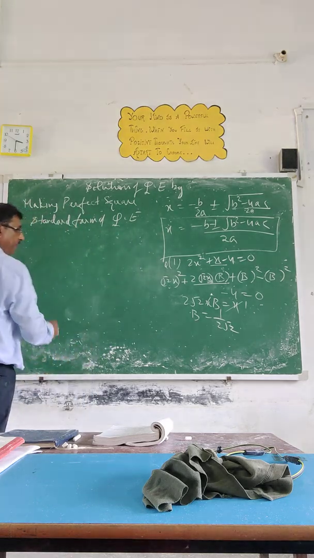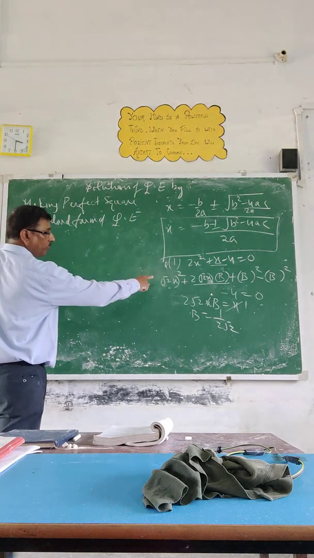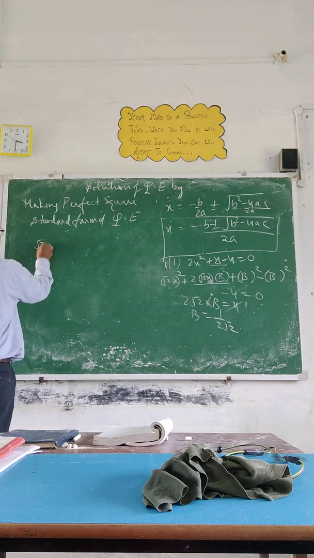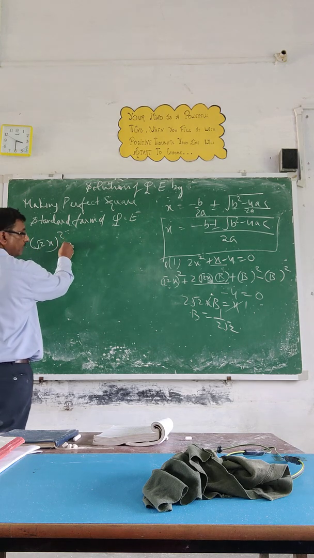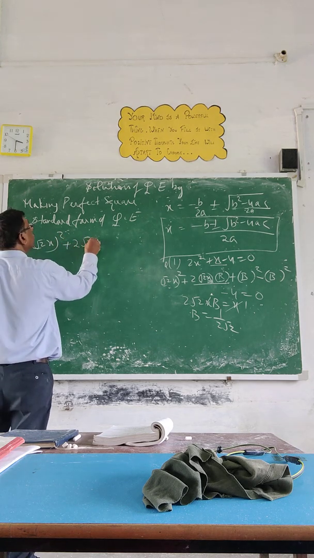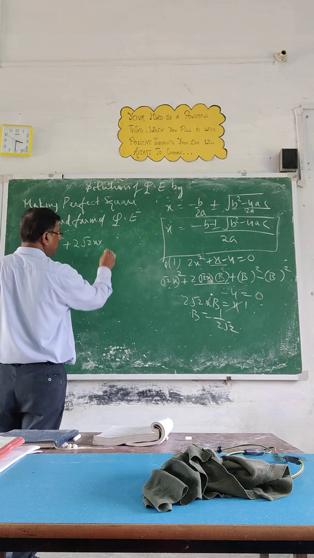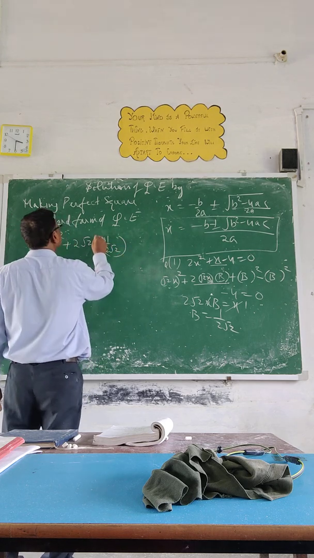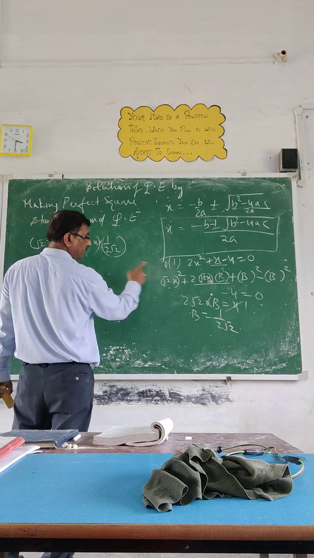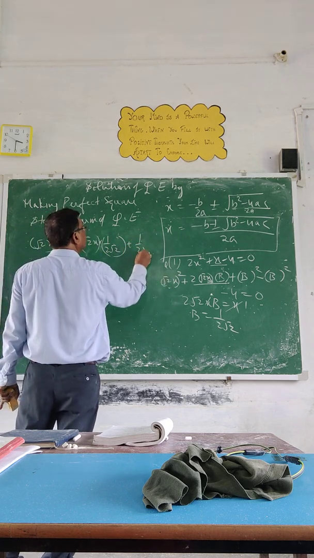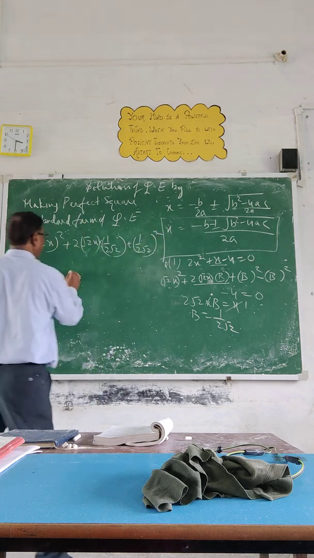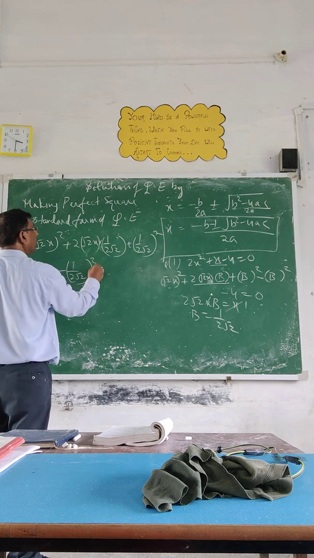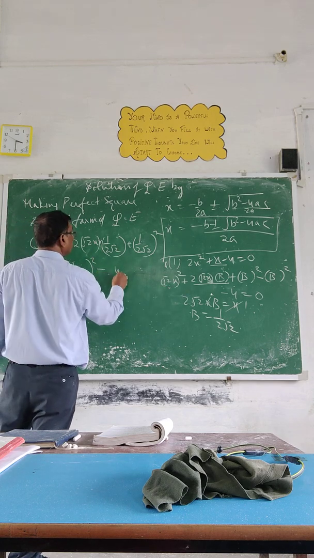See children, here we put this value again in this equation. Put the value of b in this equation. What will we get, children? Root 2x whole square plus 2 root 2x into its value 1 upon 2 root 2, and plus b square, 1 upon 2 root 2 square, minus 1 upon 2 root 2 square, plus minus 4 equal to 0.